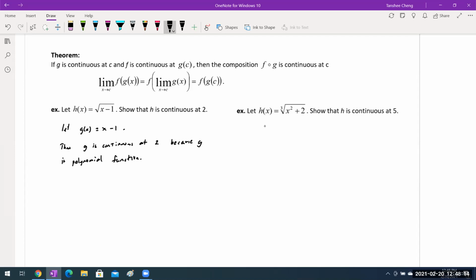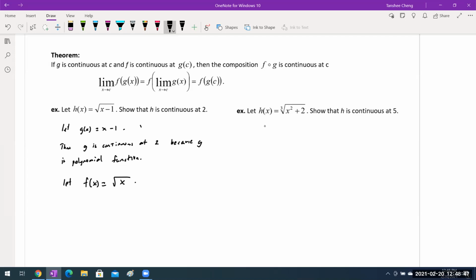And then I can say that let f of x be equal to square root of x. So that basically shows us anything that is greater than... g output will always be greater than 1, right?